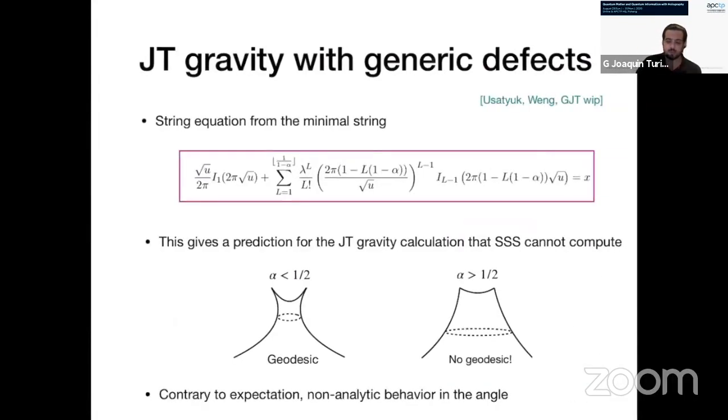And okay, just a quick comment. This is some work in progress, but you can repeat the calculation for alpha bigger than 1/2, and you get this ugly answer. But everything you need to know is that this function is giving you u of x. So knowing this is equivalent to knowing the density of states.